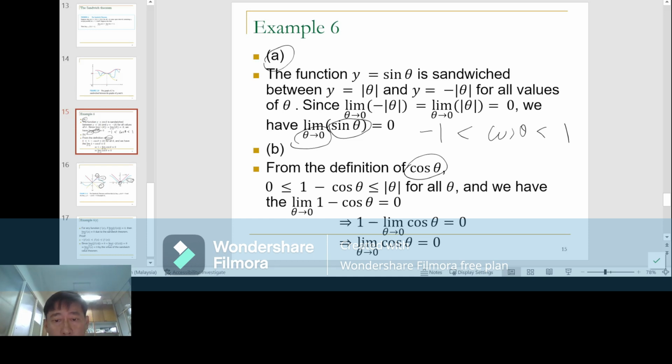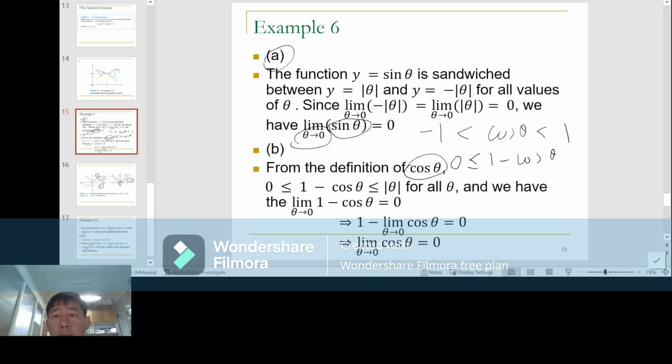So if you take the values of 1 minus cos theta, the values of 1 minus cos theta are always larger than or equal to 0. Can you convince yourself that this is always the case?